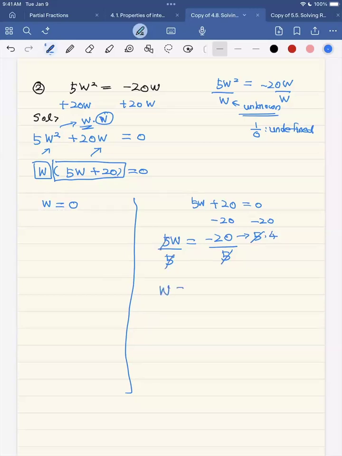So W equals minus 4. So either W equals 0 or W equals minus 4 will make this equation valid.